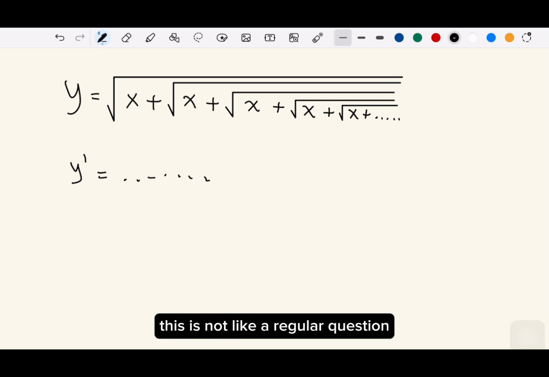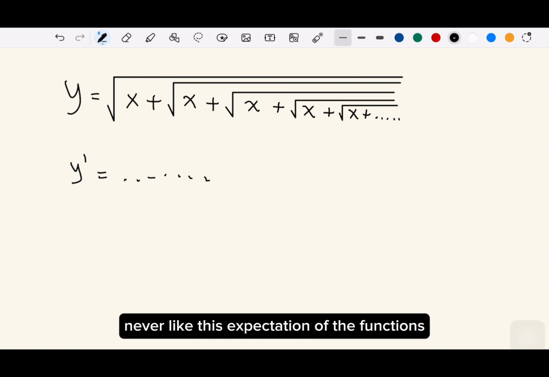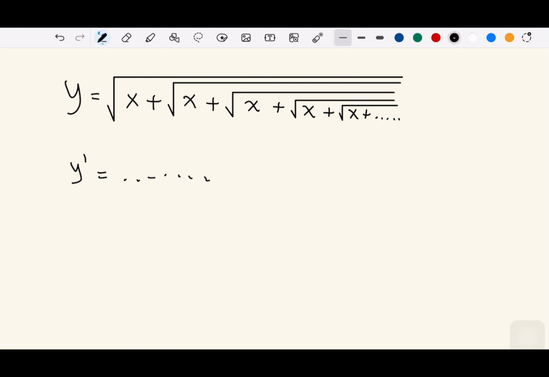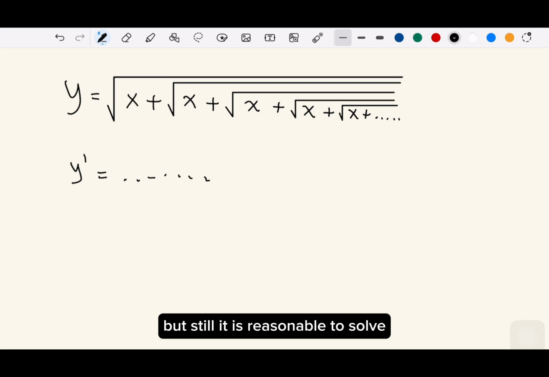This is not a regular question. The previous one that we did before, that is a regular question. We have the expectation of the functions, and then we have the solution directly. But this type of question, we need to think how to solve it in a simple way, but still it is reasonable to solve.